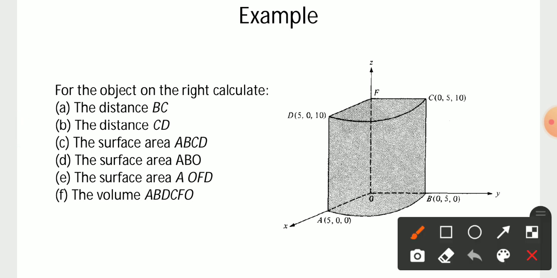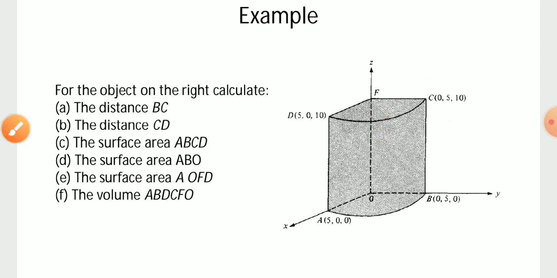So if you want to get this, the displacement is only due to z. That means the integration is for z, varying from 0 to 10, so the integration will be from 0 to 10 for dz. From this you can calculate the value for BC.